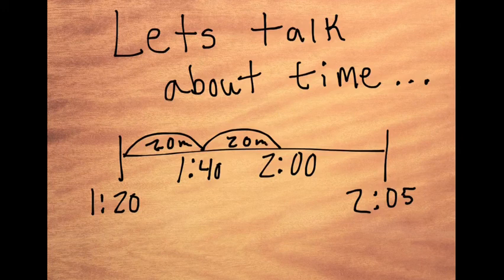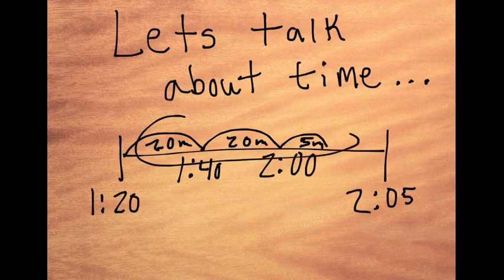How much further do I have to go to get to 2:05? From 0 to 5 is 5 minutes. So I have one more jump of 5 minutes. However, we are not done yet. Now we need to put together the jumps that we took.